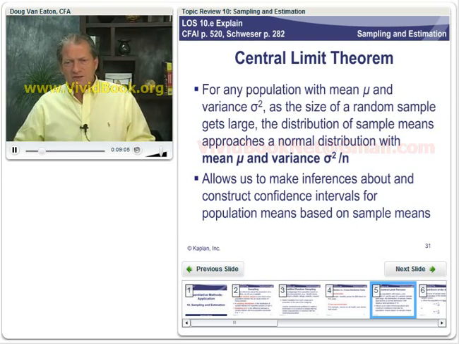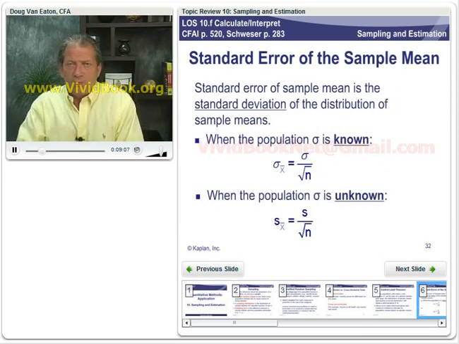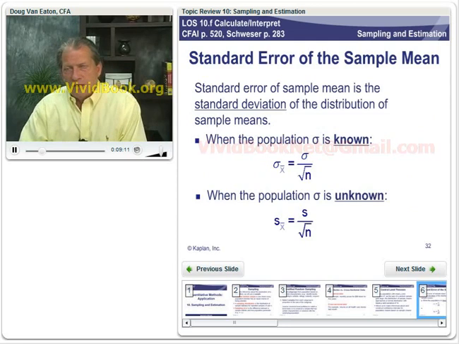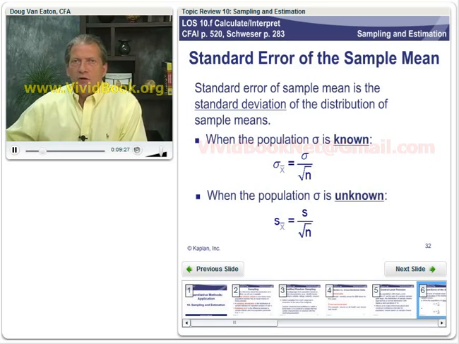So what about the standard error of the sample mean? Well, it's really just the standard deviation of the sample mean around the true mean. And what we've got on the slide here, standard error of the sample mean is the standard deviation of the distribution of sample means. Well, we said the variance of this distribution of sample means was sigma squared over n.